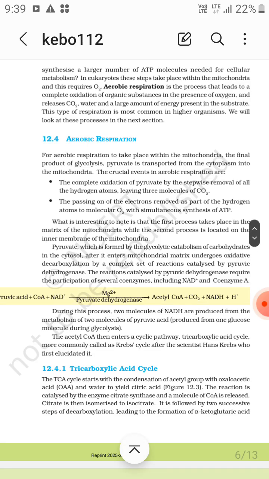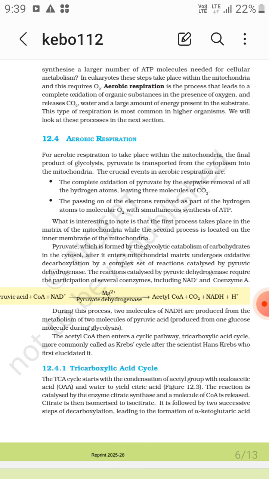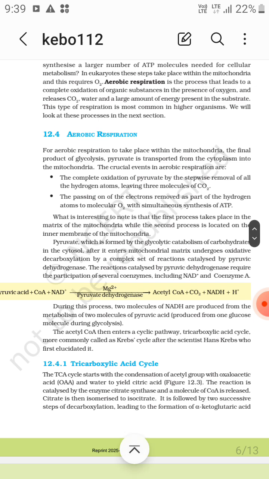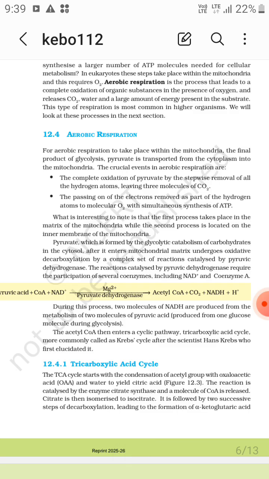Pyruvate, which is formed by the glycolytic catabolism of carbohydrates in the cytosol, that is cytoplasm, after it enters the mitochondrial matrix, undergoes oxidative decarboxylation by a complex set of reactions catalyzed by pyruvic dehydrogenase.